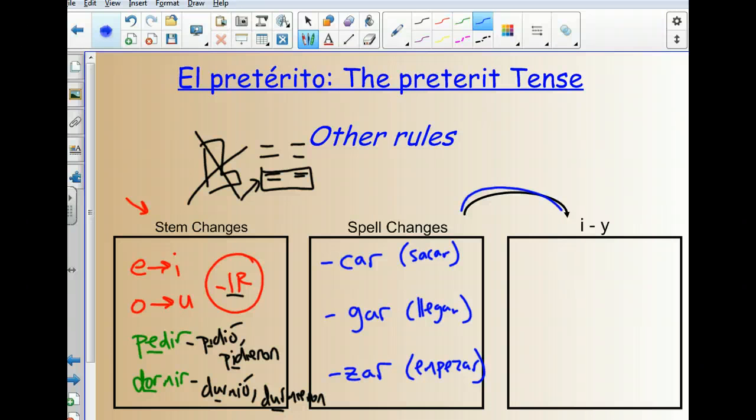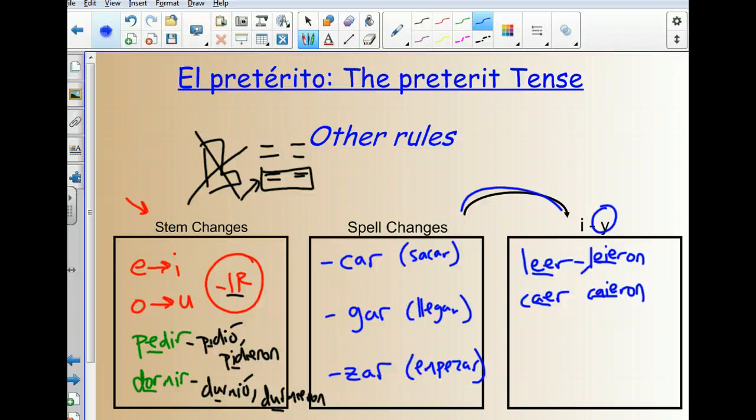For now, I'm just going to tell you that verbs like leer and a verb like caer, these verbs that have this AE and EE in them, if you go to the third person plural of these verbs, you're going to try to conjugate it, and you're going to come up with something like this. Leeieron or caieron. And you have these three vowels in a row that sound really weird. These are your Y verbs, and these ones are going to change.